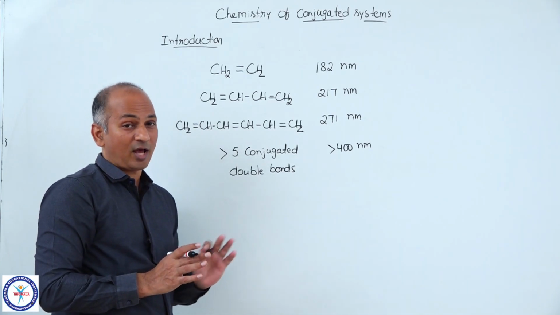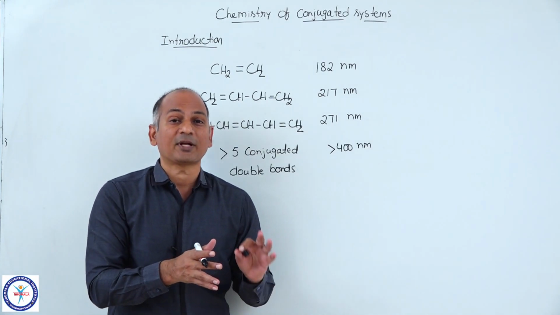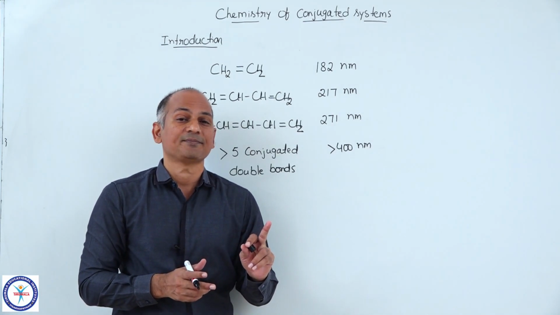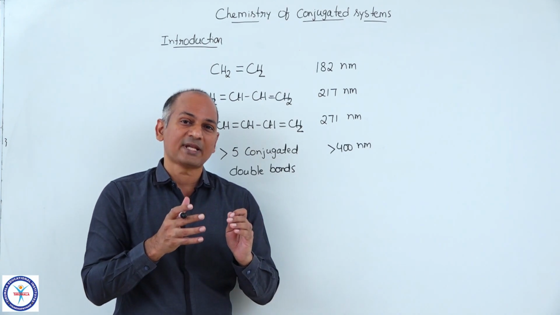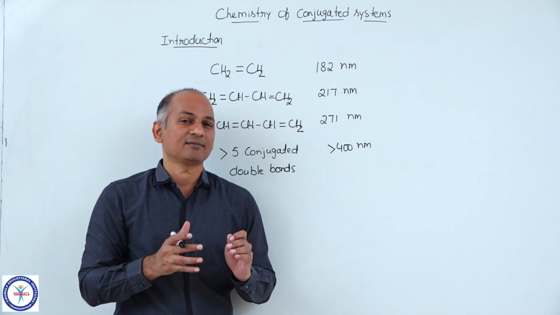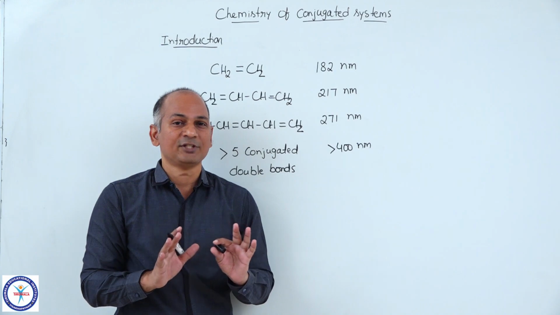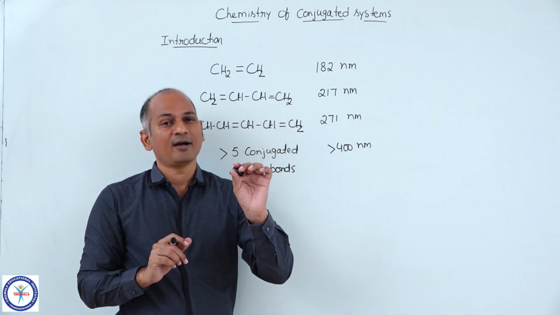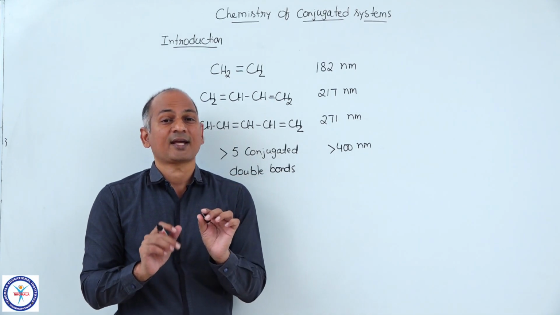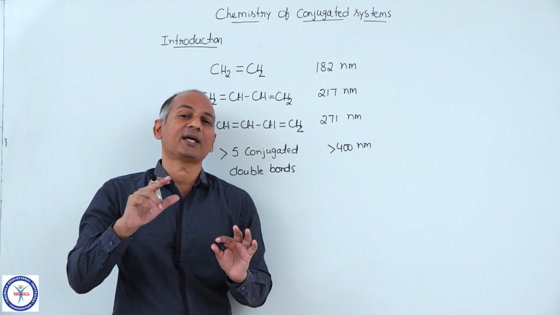All of you recall from inorganic chemistry, particularly in coordination compounds, when a substance absorbs light in the visible region, that is not the color visible to the human eye. Suppose a substance absorbs green color, the color of the compound is not green, but the complementary color of that green.